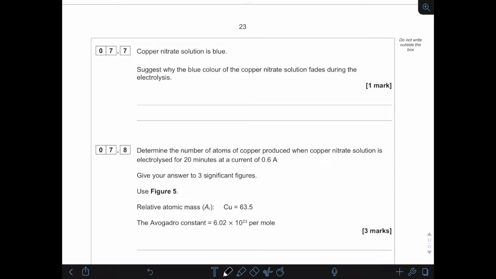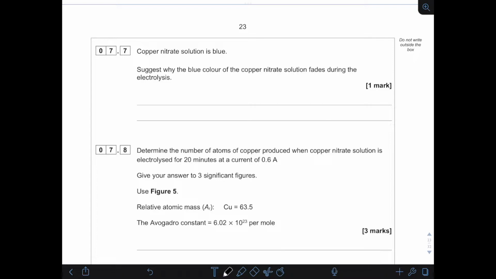Copper nitrate in solution is blue, and because you're using up your copper nitrate as you're electrolyzing, the intensity of the blue should decrease to a point where it just stops being blue.